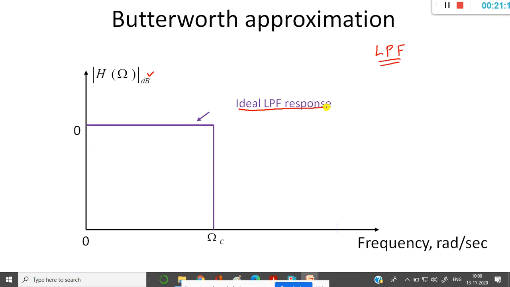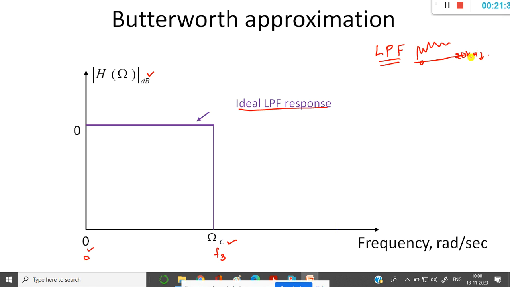I talk about the ideal low pass response. From 0 up to some cutoff frequency, so in the case of the prism, as I told you, from 0 to f3. My voice signal ranges from 0 to 20 kilohertz.